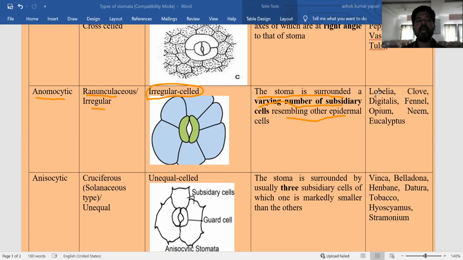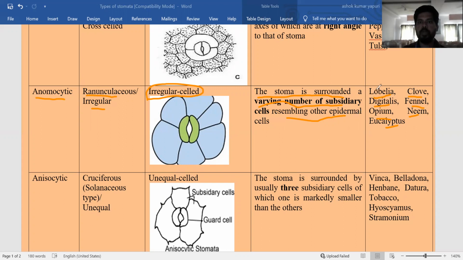The examples of anomocytic, ranunculaceous, or irregular celled stomata are lobelia, which is also called Indian tobacco, clove, which we normally find in our homes, digitalis, fennel, opium, neem, and eucalyptus. All these examples come under anomocytic, ranunculaceous, or irregular celled stomata. So this is the third type of stomata.